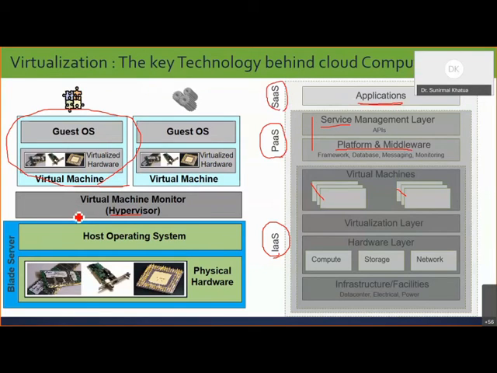So within that blade server, you can provide the virtual machine as infrastructure as a service, or you can have pre-installed platforms and provide platform as a service, or you can have pre-developed applications and provide software as a service. So the users can access the services at the infrastructure level, platform level, or software level. And whether this is software, platform, or infrastructure, internally it is executed like the one I discussed in the previous slide.